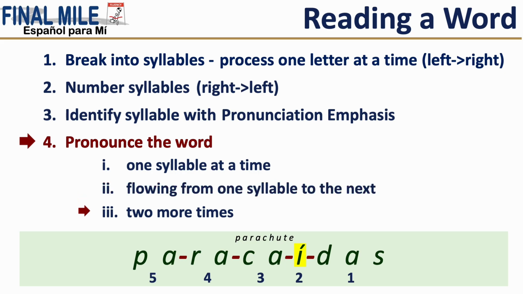Paracaídas. Then we pronounce it 2 more times. Paracaídas, paracaídas. This is so that our speech muscles get used to those transitions between new sounds that we are learning. It's like perfecting that cartwheel when you were 5 years old, right? The first one was not graceful, but after you did 100 of them, it started to look a little bit better.